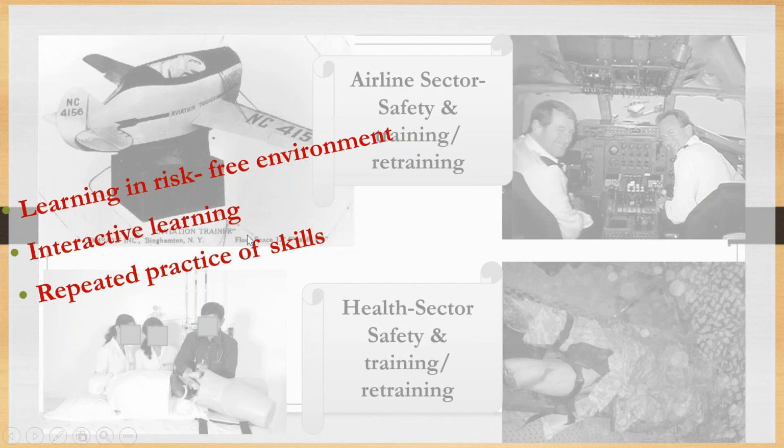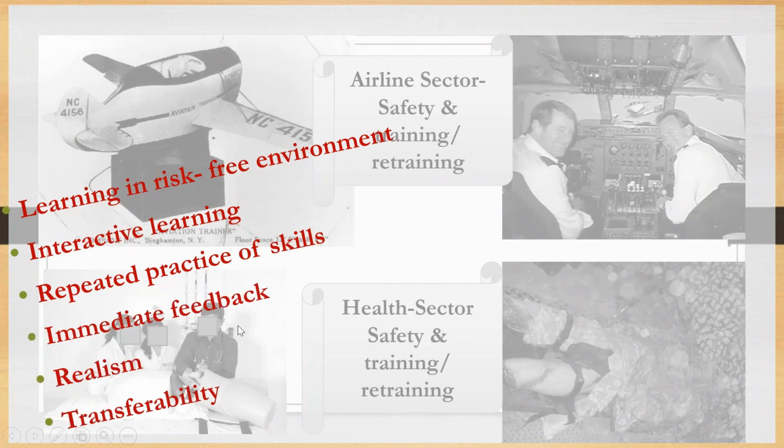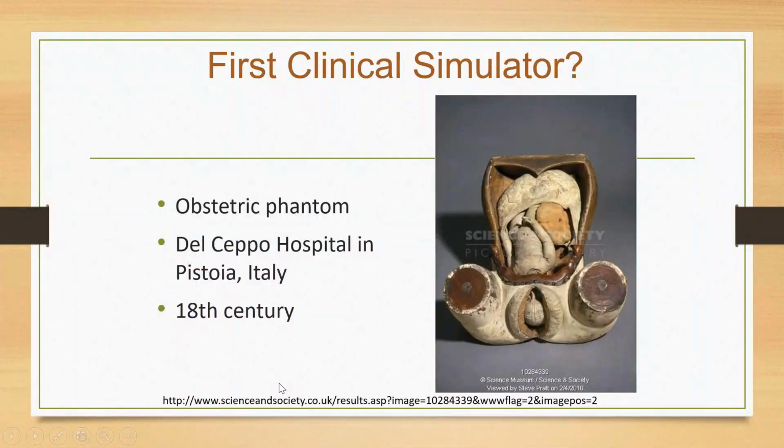Learning becomes interactive. You can get feedback and repeated practice of skills; you can do it multiple times in that environment. There's immediate feedback, so if something is not working well, you can take corrective action. Realism is very important for simulations, how realistic they are, because that can give you the actual feel of doing the same thing on an actual human body. And then ultimately, we are looking at transferability. So these are the important components.